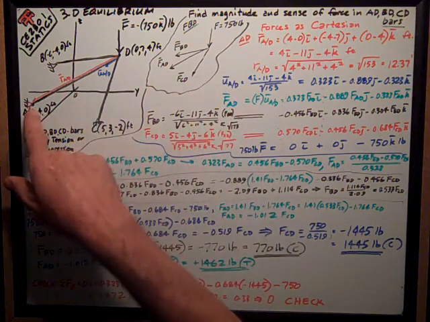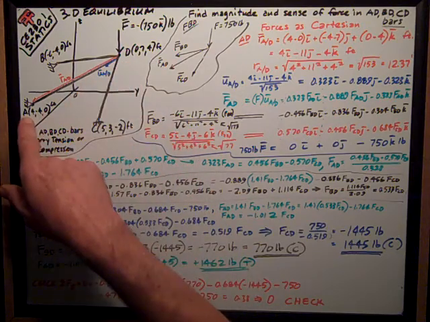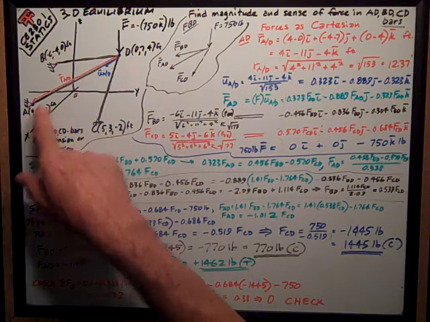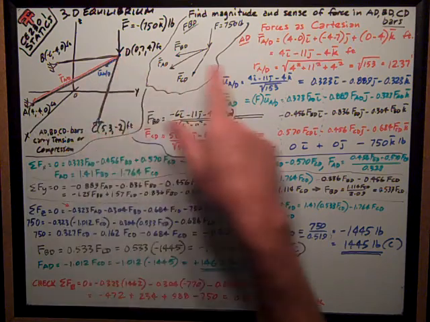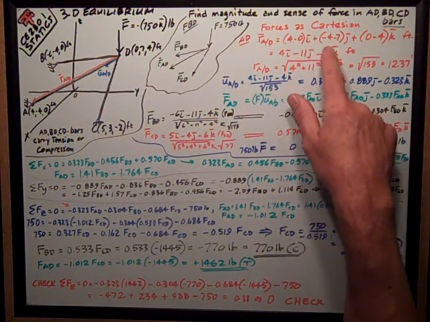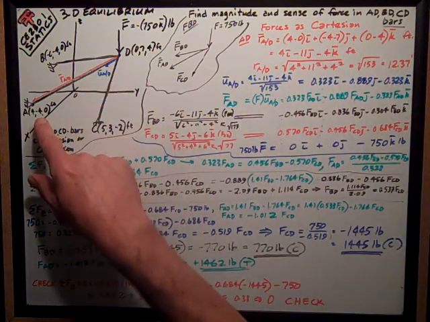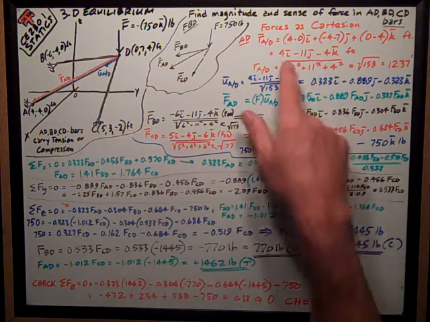So I subtract the coordinates of the tail from the tip coordinates. So that's 4 minus 0, negative 4 minus 7, j, 0 minus 4, k. That's just these coordinates minus these coordinates.